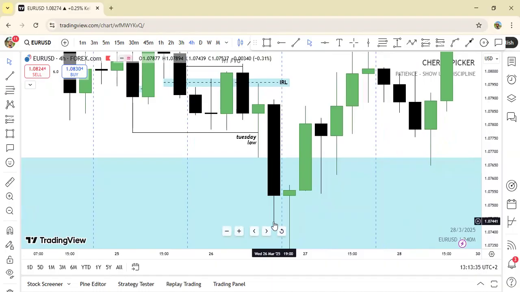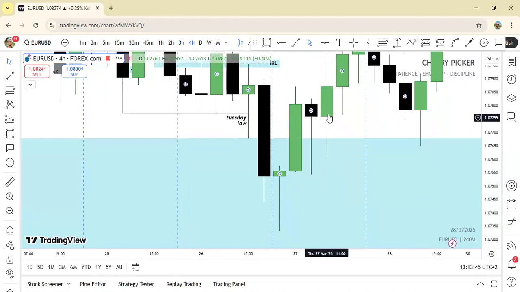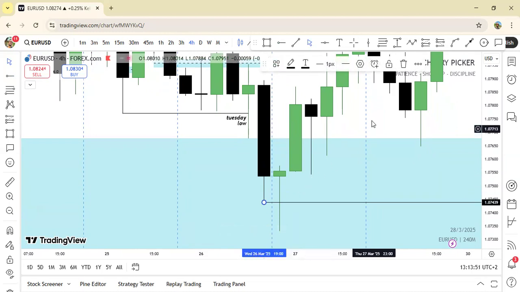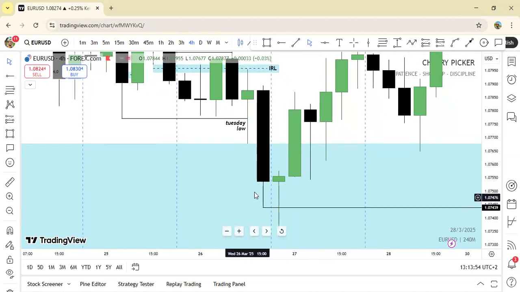Our weekly target. Then what happened? This is the Wednesday low, right? This is our Wednesday low inside the daily fair value gap, right?